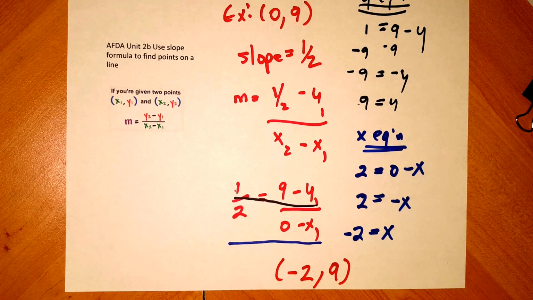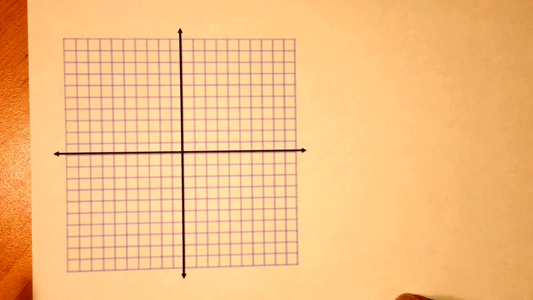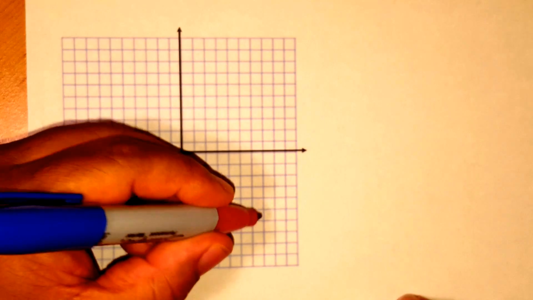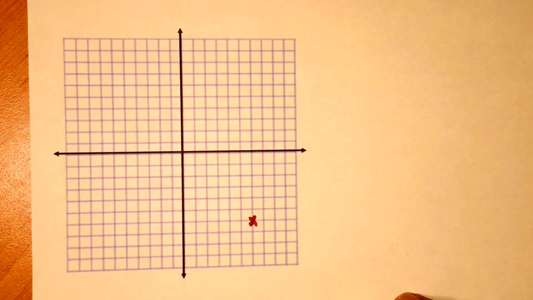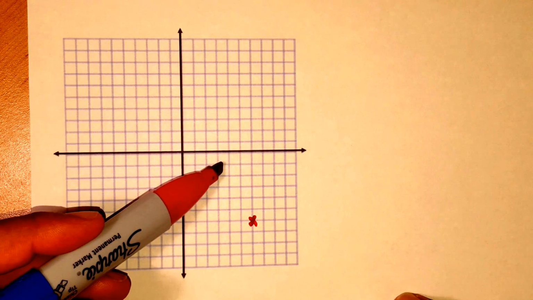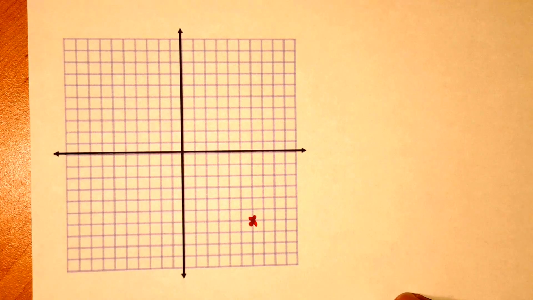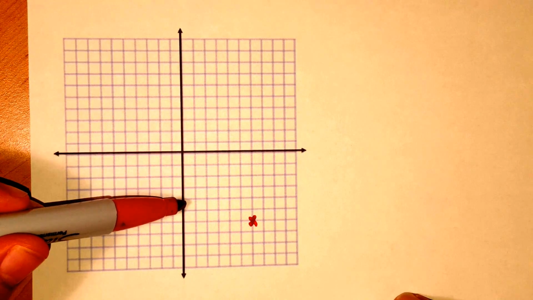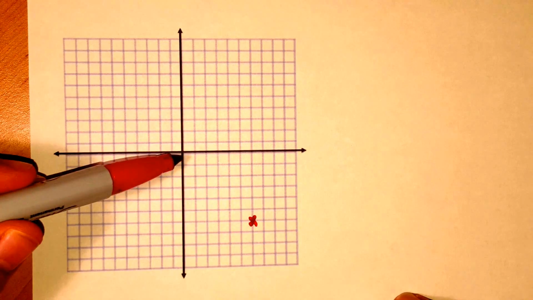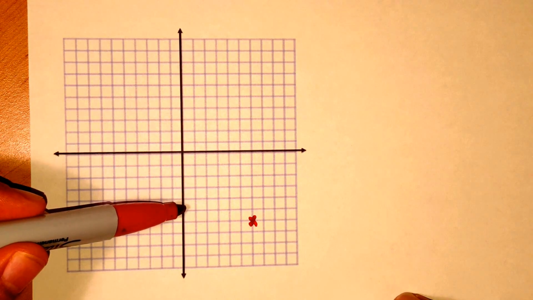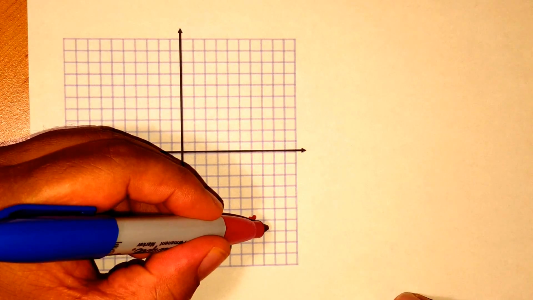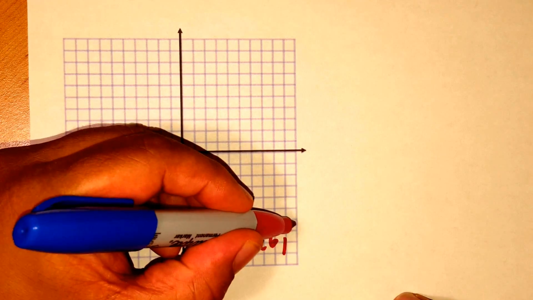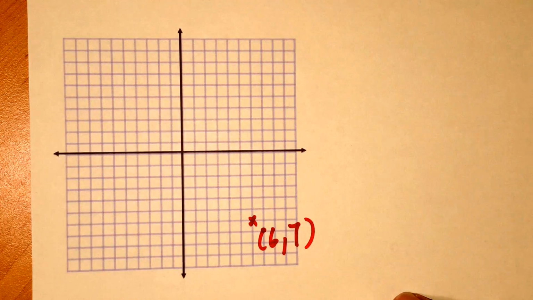If we were to find a point on the line from a graph, we'll have a point which is at negative 6, positive 6, and 6, negative 7.